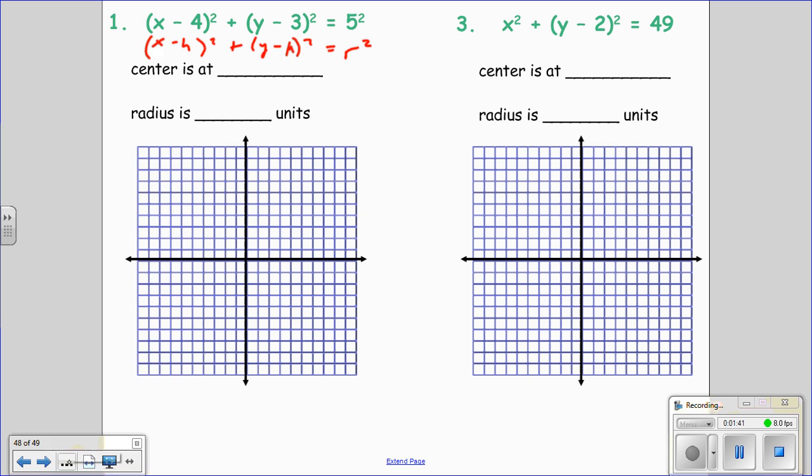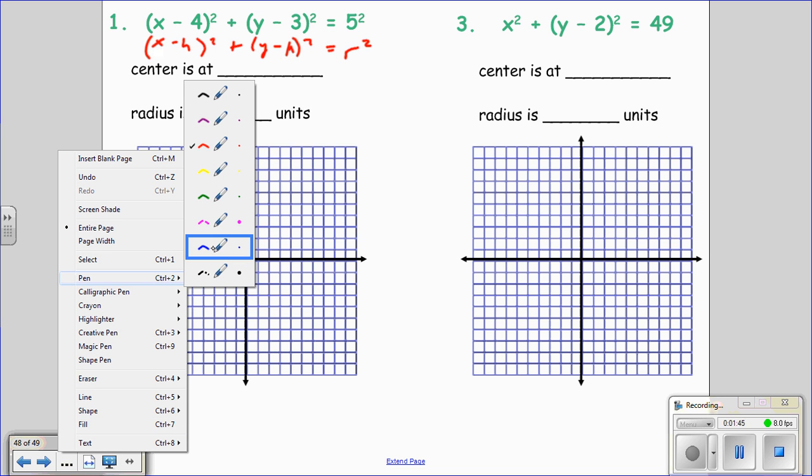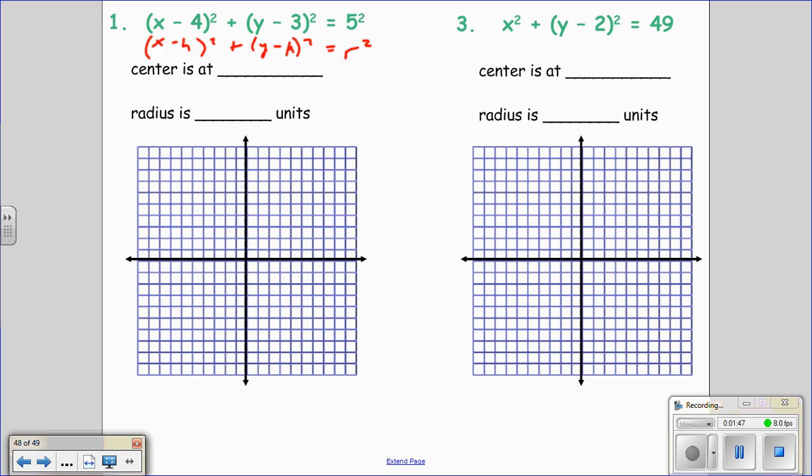With that being the case, you can see what is in h and k and r's position. So in h's position, because the center is (h, k), that's why h and k are important.